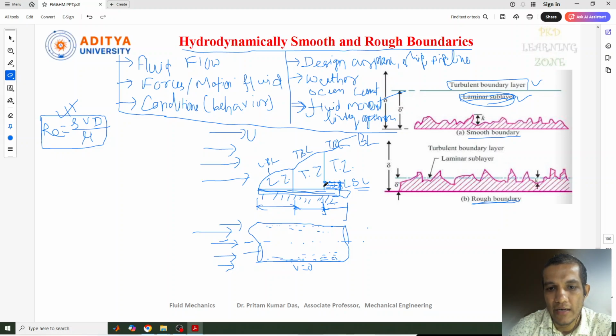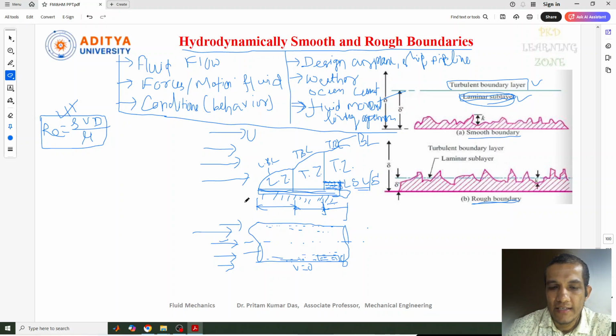There are various reasons for that. So at this point is your laminar sublayer, and this laminar sublayer is indicated by delta star. This is your delta star. So I hope you understand.